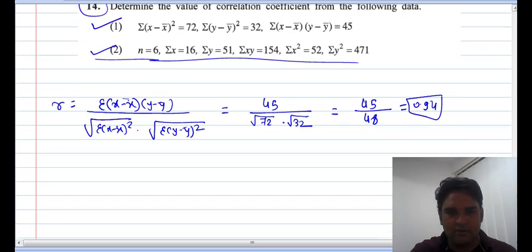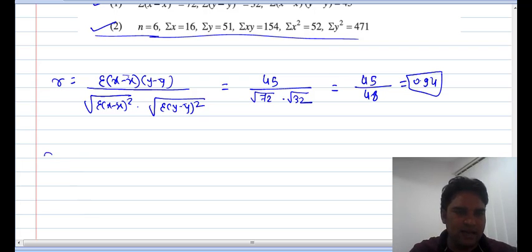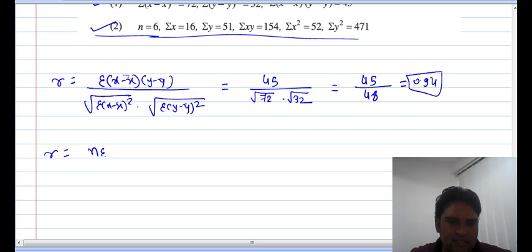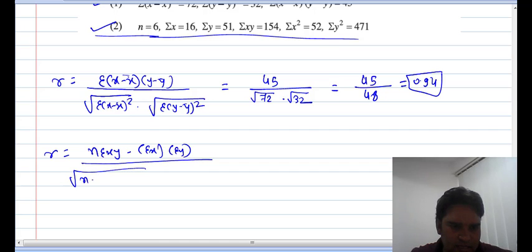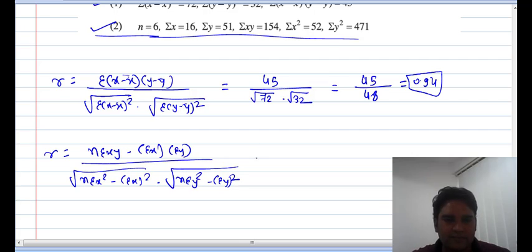Okay. Now next, sigma x, sigma y, and other values are given. So you know n sigma xy minus sigma x sigma y upon the square root of n sigma x square minus sigma x whole square into n sigma y square minus sigma y whole square.